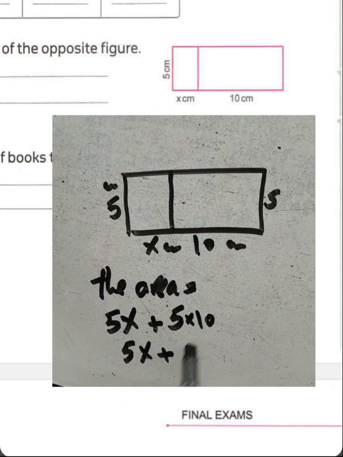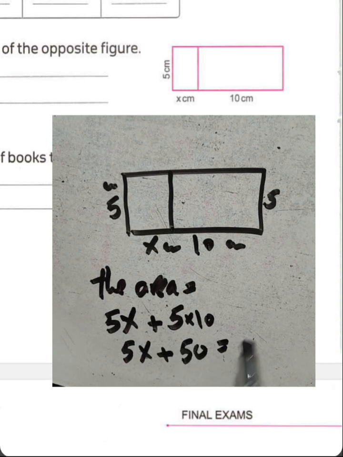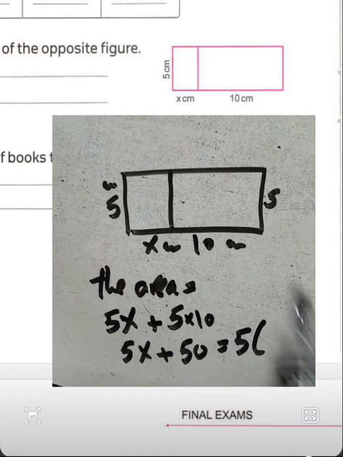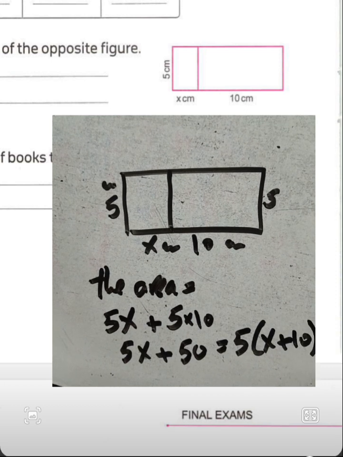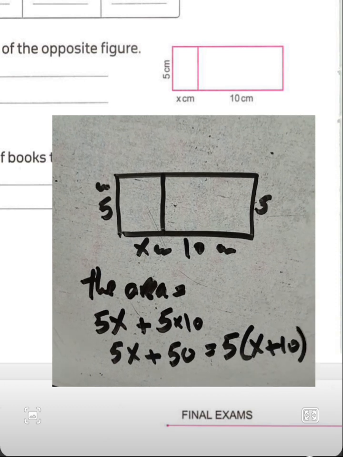Then 5x plus 50. Okay, we can write 5 outside and x plus 10.